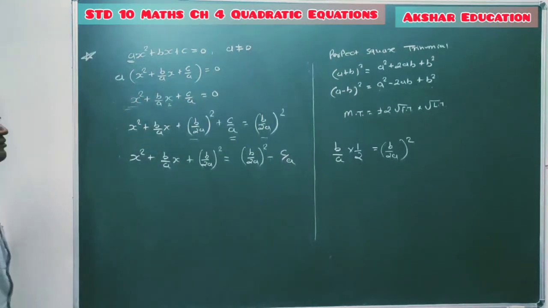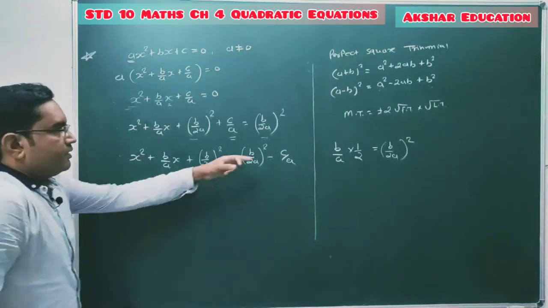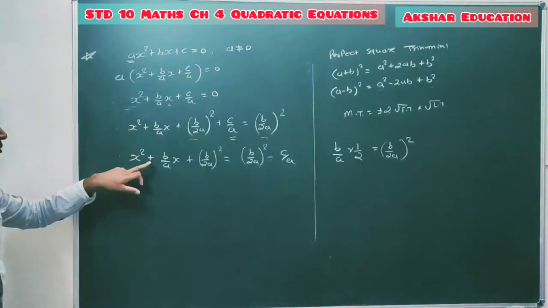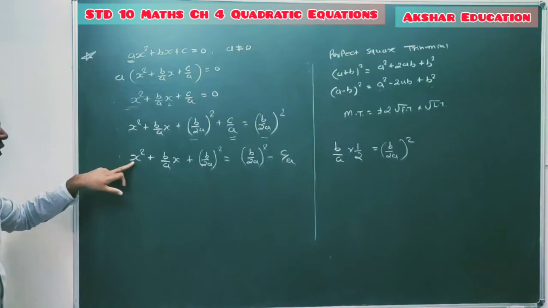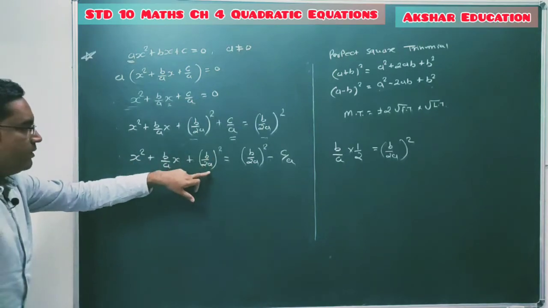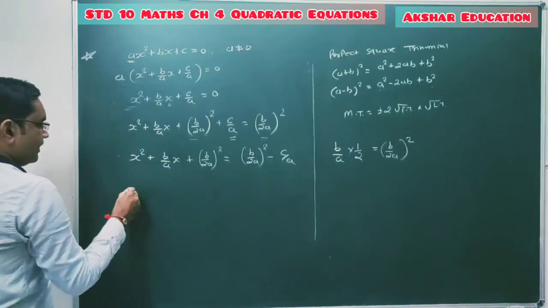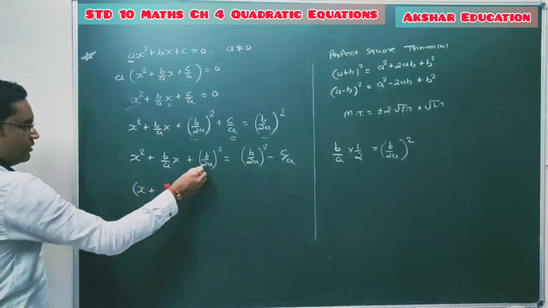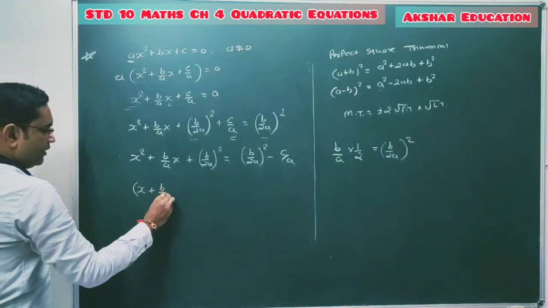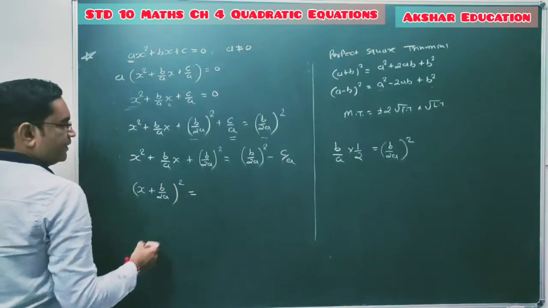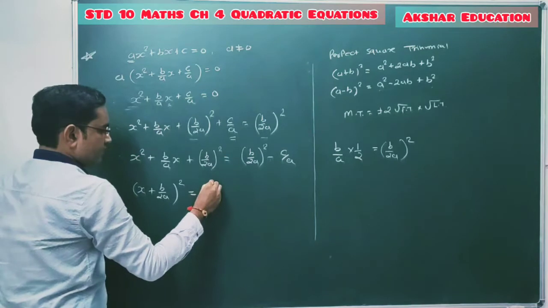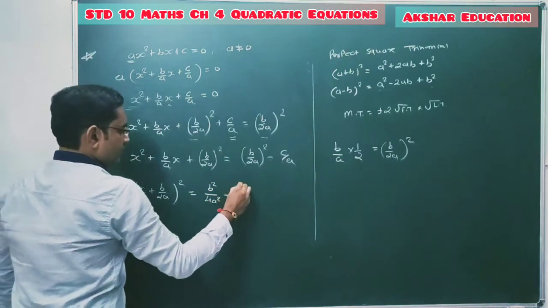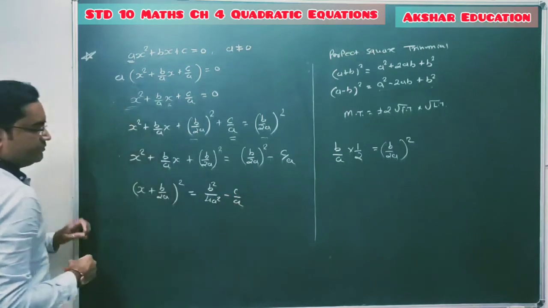Clear, students? This left side is nothing but a perfect square trinomial in which the middle term is plus 2 into the square root of x square and the square root of b upon 2a whole square. So its factorization is the square root of the first term, x, plus the square root of the last term, b by 2a, whole square, and this is equal to b square upon 4a square minus c upon a.